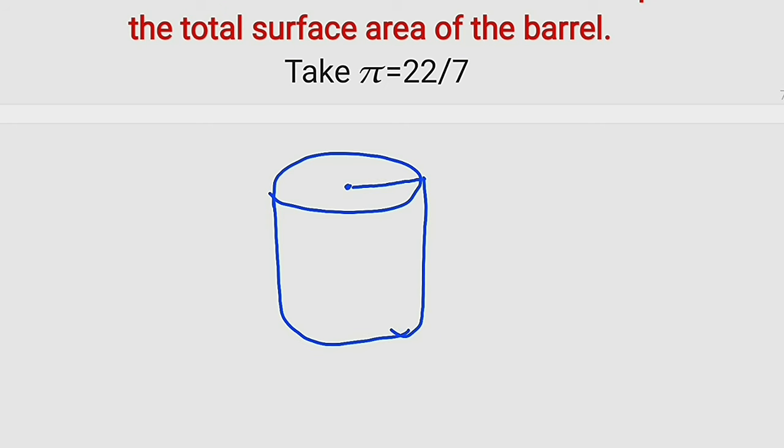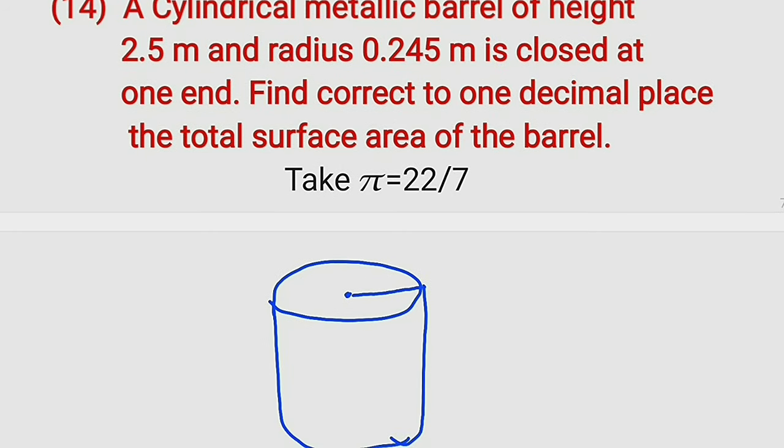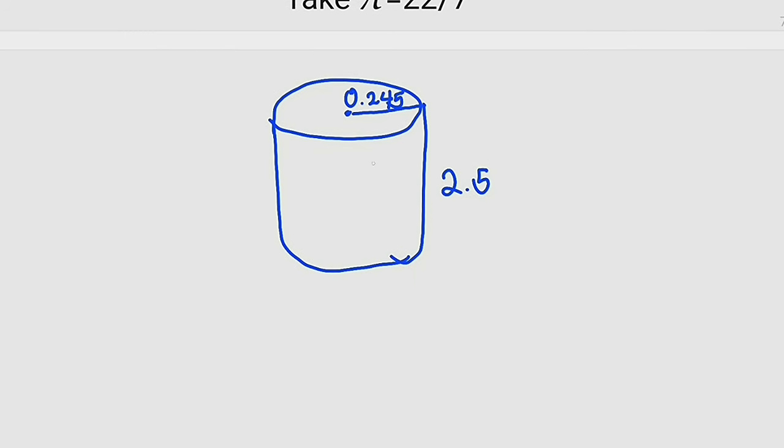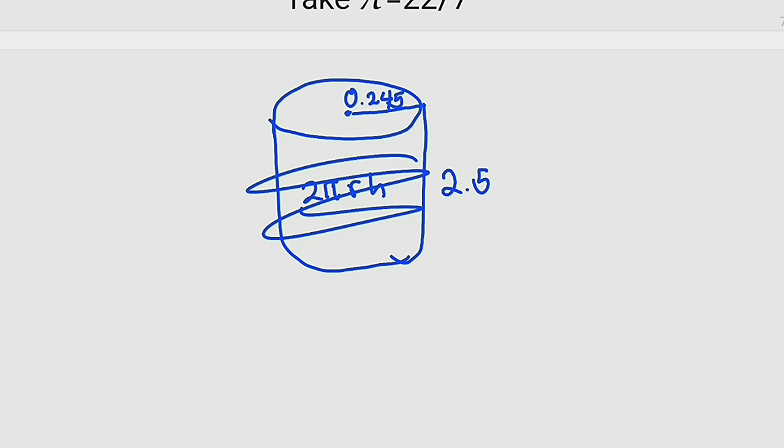The radius is what? 0.245. And the height is 2.5. So the curved surface area is given as what? 2 pi rh. That's the area of the curved surface. Then plus one of the circles, because one is already open.